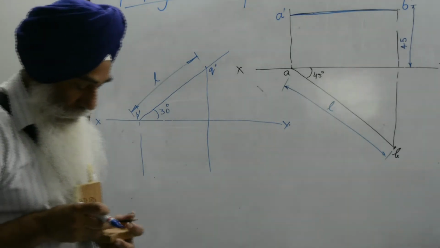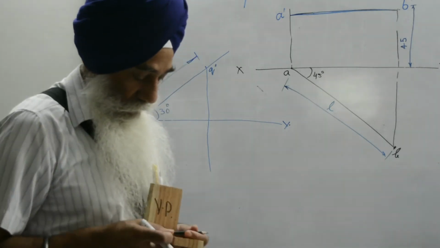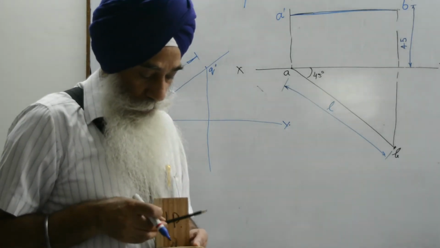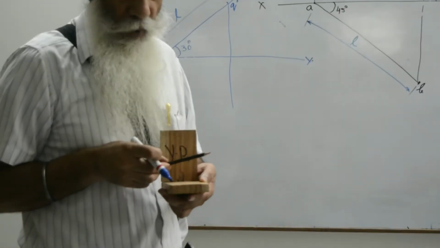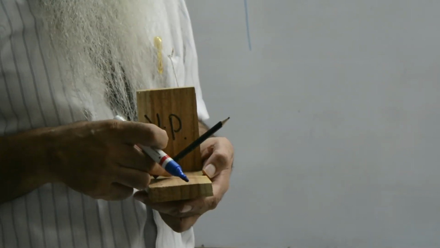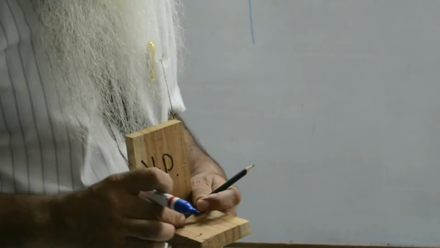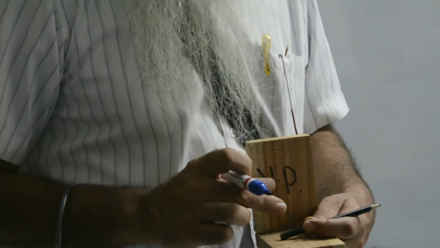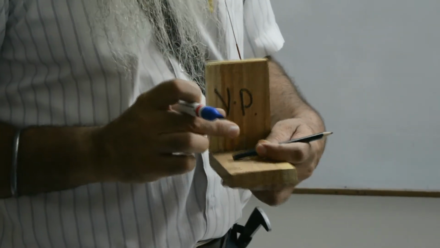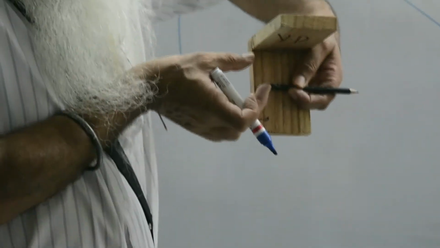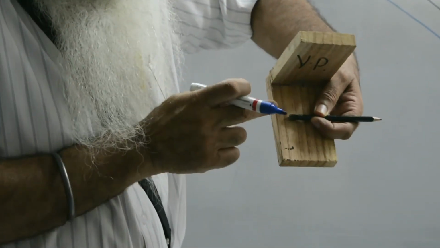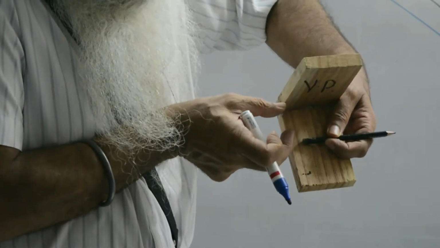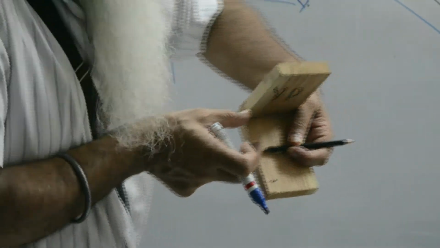And this will be given: how much is this line parallel to the vertical plane and inclined to this? Because this distance in front of the vertical plane, how much is it? This line is parallel, and this point is how many millimeters in front of the vertical plane?